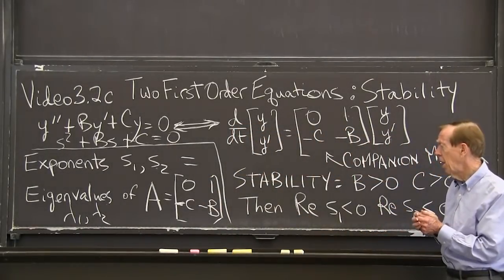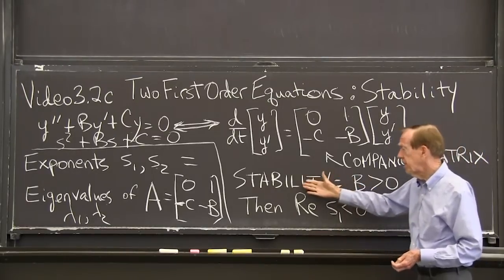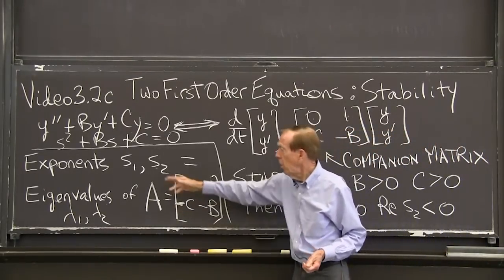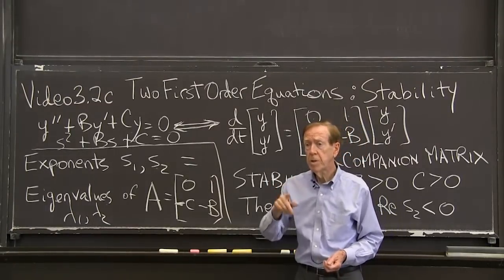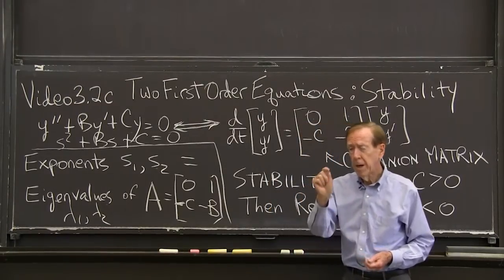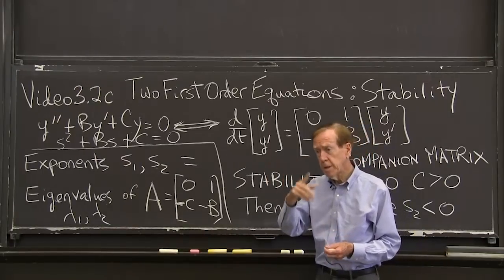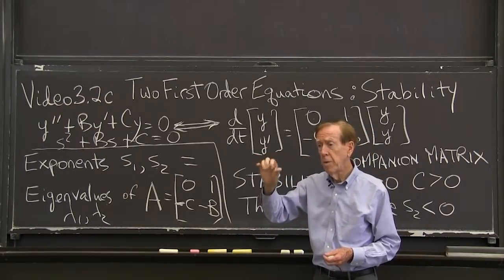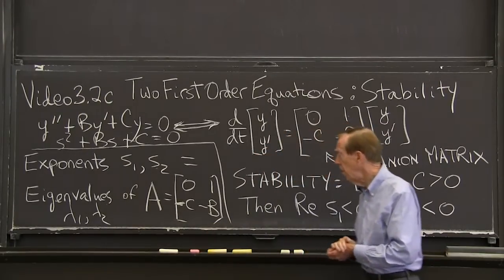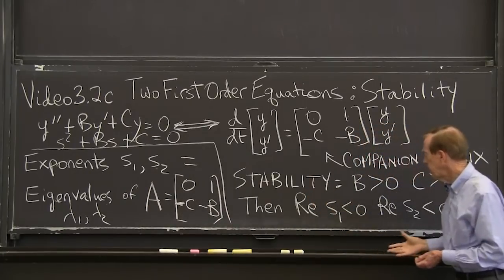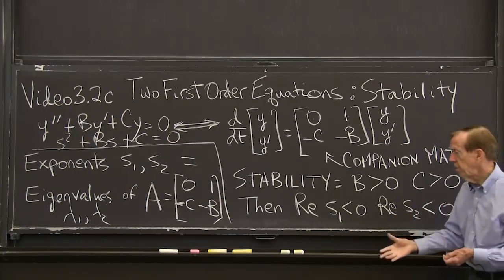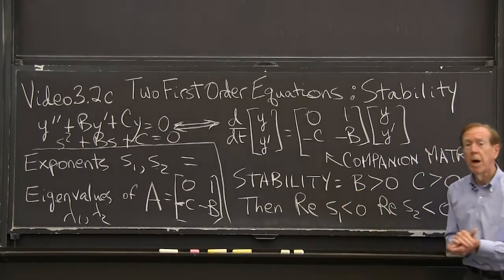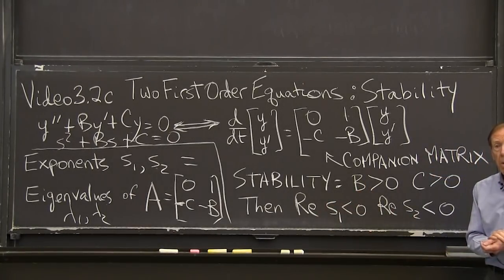And stability, remember that stability has been real part of those roots, of those exponents, less than 0, because then the exponential has that negative real part and goes to 0. Now, that was our old language, and our new language would be real part of lambda less than 0.